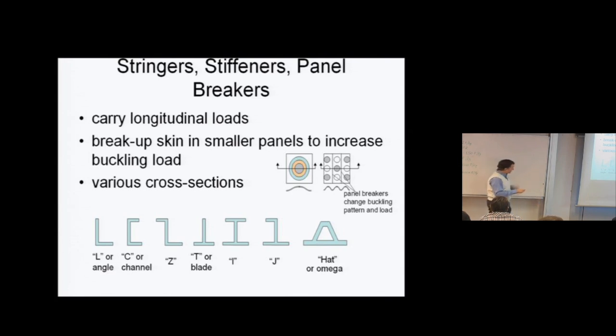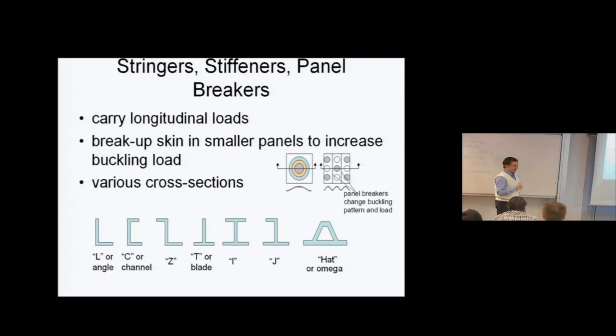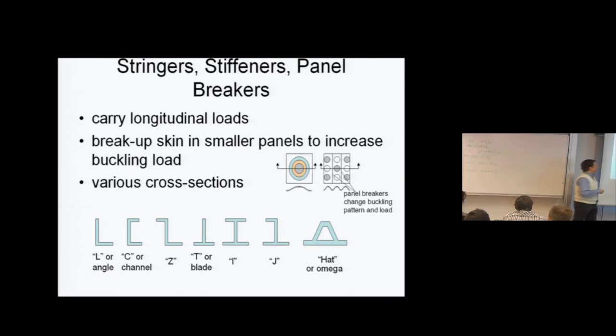And those little circles, gray and white circles, are meant to be positive and negative half waves coming towards us or going away from us. And in this case, the buckling load increases tremendously. So you can improve the performance by simply using the stiffeners as what's called panel breakers. They break the panel. They do carry some load.